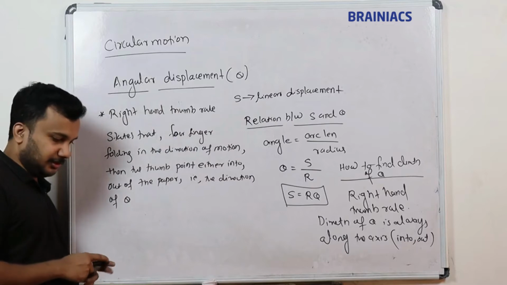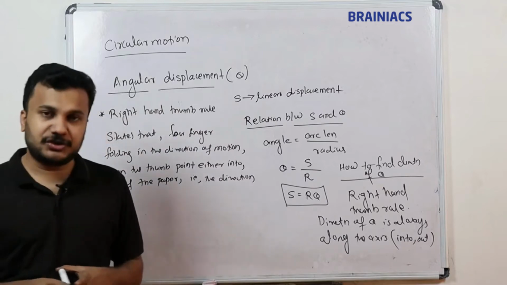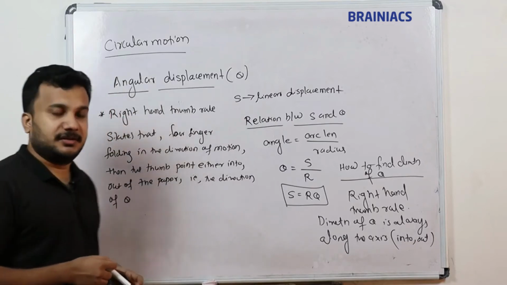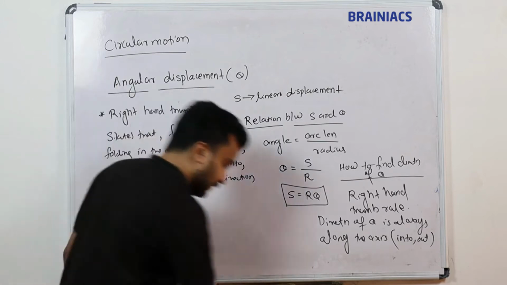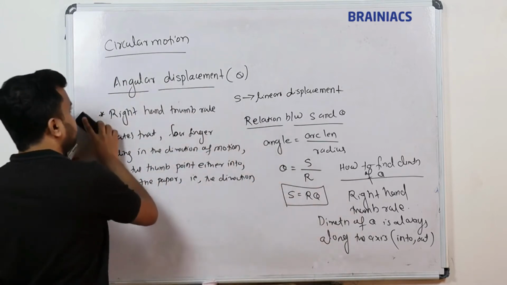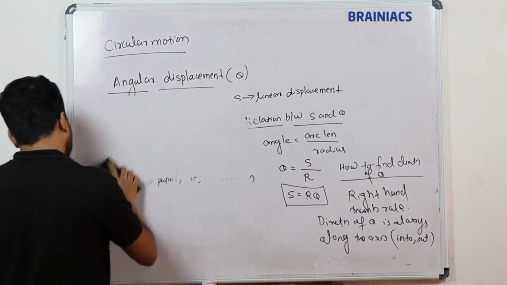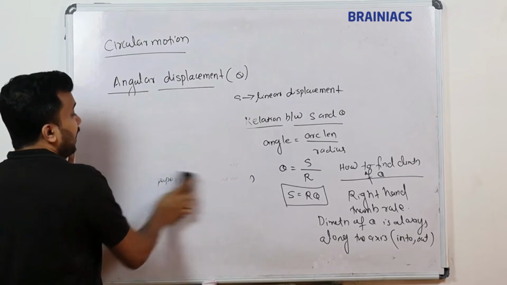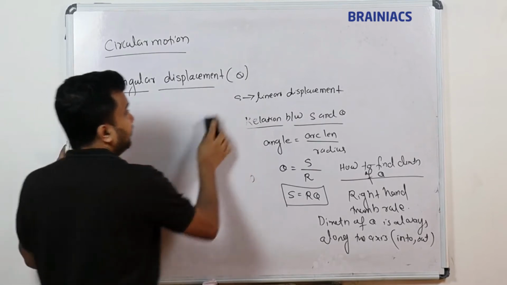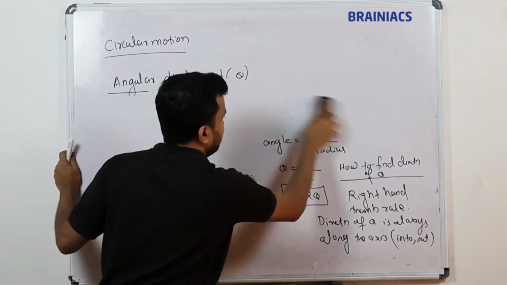So we learned about the first term, which is called angular displacement. Let's move to the next term in this chapter. Actually, your angular displacement is the same as your linear displacement.